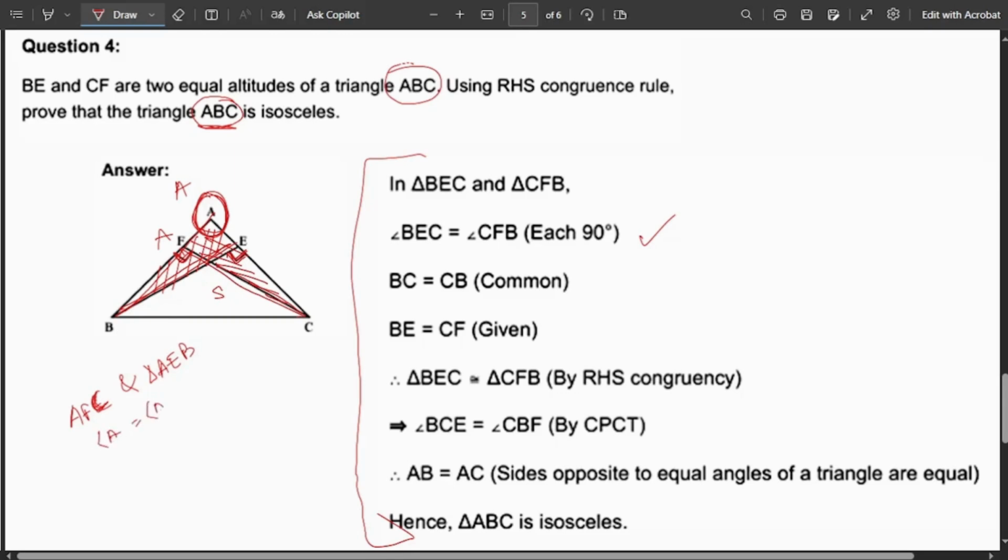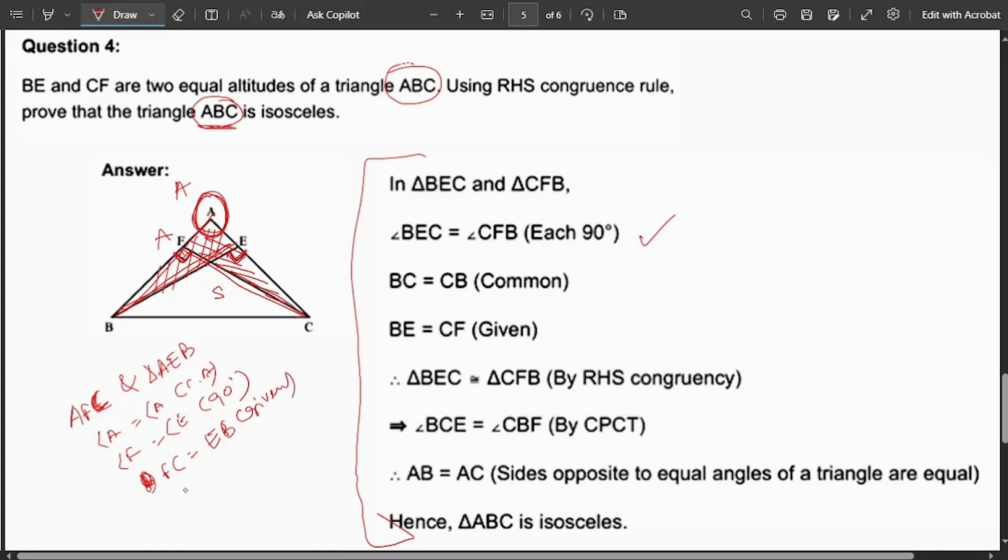Second, angle F is equal to angle E, it is 90 degrees. Third, BE equals CF, FC equals EB, it is given.